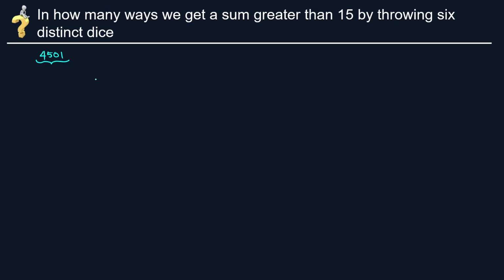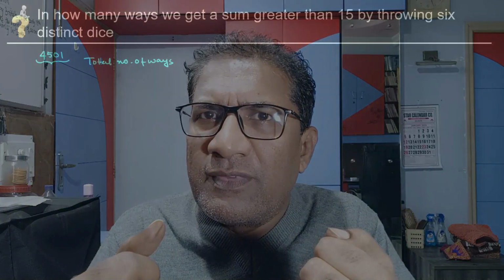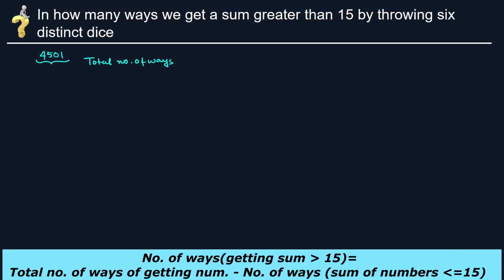So what I will try to do is find out the total number of ways. Whenever you are throwing 6 dice, you get some numbers on the upper face, and if you add those numbers, you get a sum. Either this sum will be less than or equal to 15 or it is more than 15. Now if we throw 6 dice, we definitely get 6 numbers. So I want to find the total possibilities of getting numbers on the upper face.